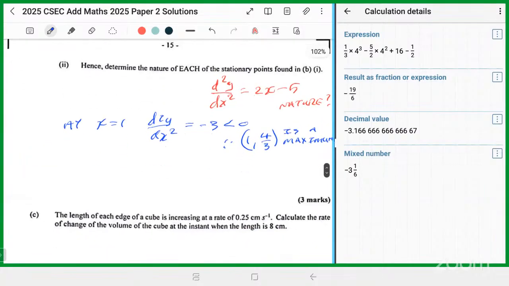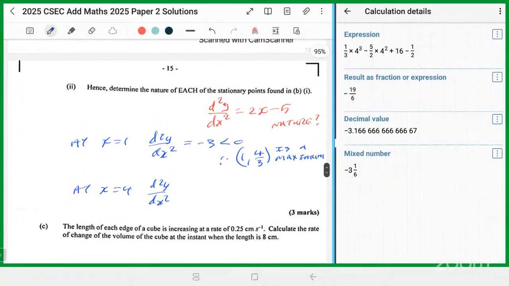Then now at x equals 4, d2y by dx squared becomes, putting in 4 here, positive 3, which is greater than 0.